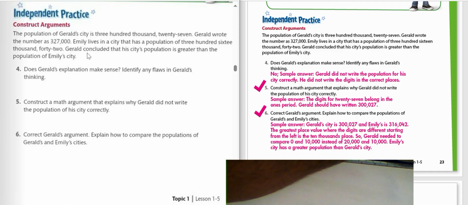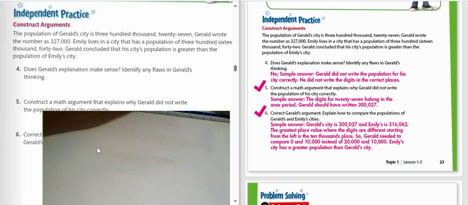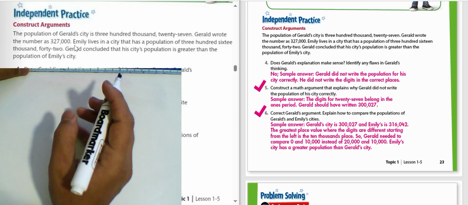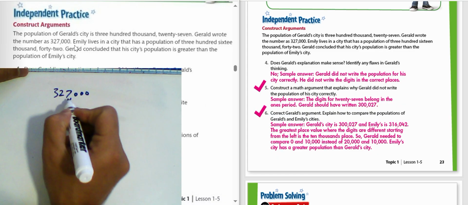Charlotte concluded that his city's population is greater than the population of any city. Does this explanation make sense? Identify and fix flaws in the reader's thinking. Okay, we can write the numbers here with us. We have 327,000, the population of this city, right? 327,000.